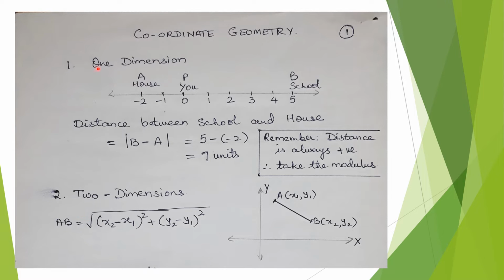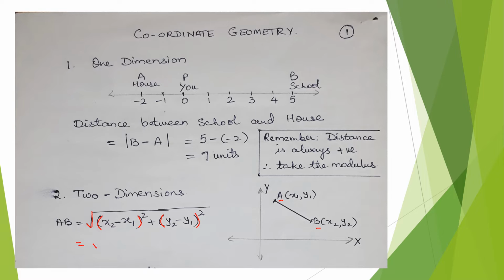So now we go from one dimension to two dimensions. Now we not only have the horizontal axis, we also have the vertical axis, so the x-axis and the y-axis. Here I have 2 points A and B, where A has the coordinates x1, y1 and B has the coordinates x2, y2. That means the distance AB between A and B is given by the square root of x2 minus x1 whole square plus y2 minus y1 whole square.